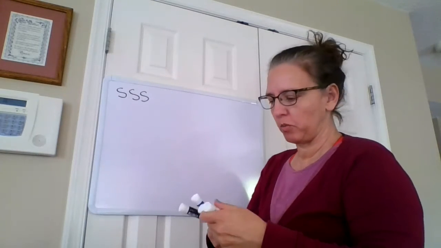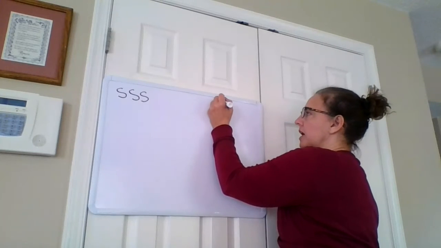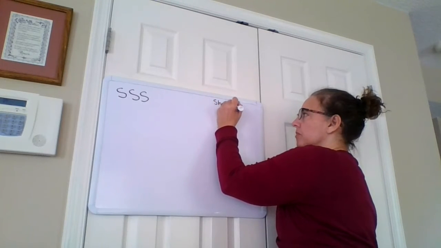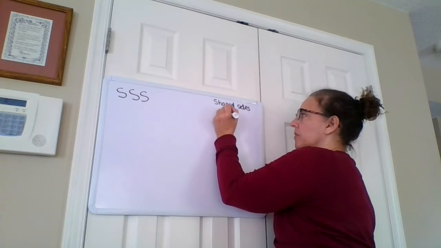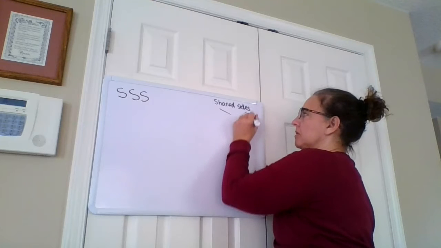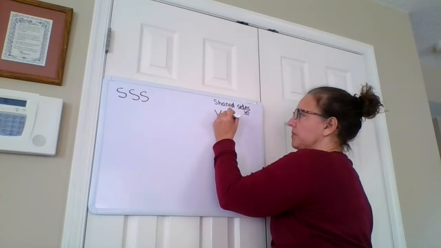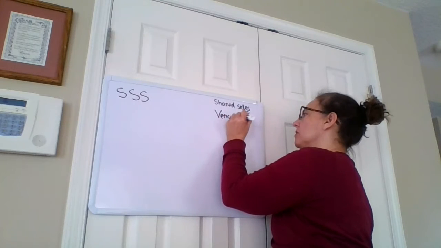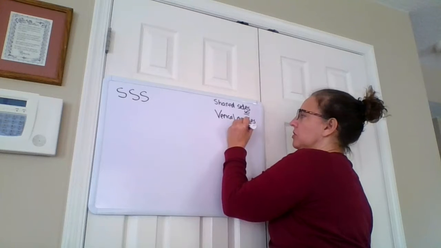The first thing we always need to look for is shared sides. They are congruent. And vertical angles. They are also congruent.